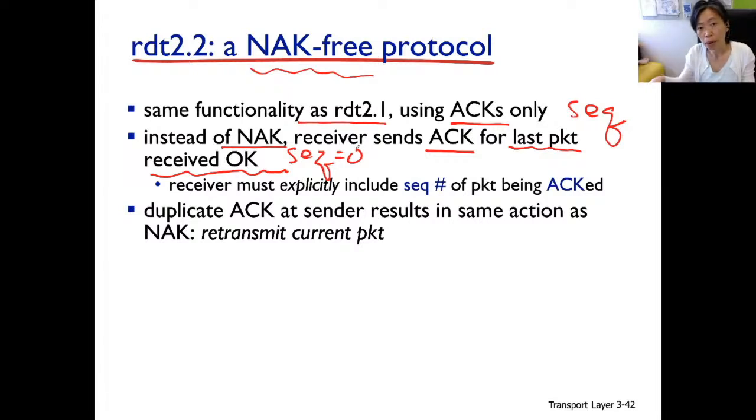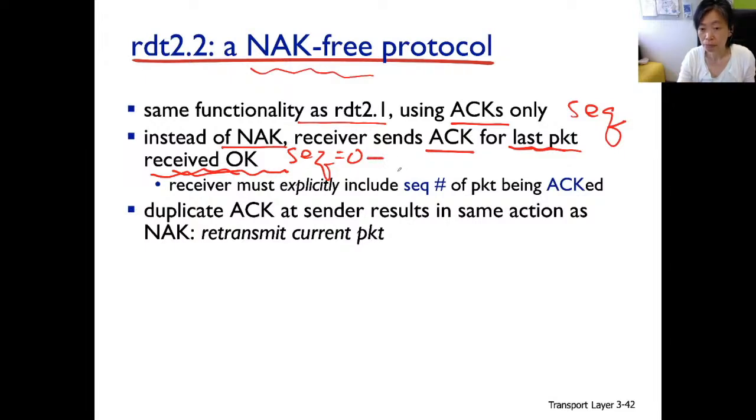If packet 1 arrives at the receiver and it's corrupted, what does the receiver do? Which packet is the last received okay? Well, 1 is not okay. So it still sends an ACK packet, but the sequence number bit there is 0 again.